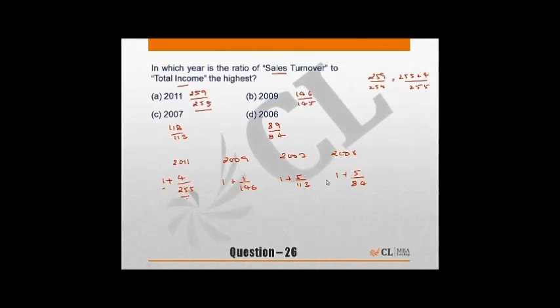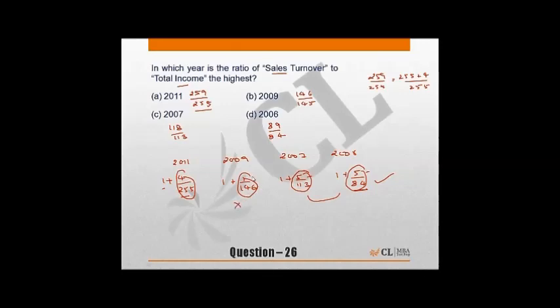Which of these four is the greatest? The one which has the maximum value of this fraction. And looking at the choices and looking at the numbers, this should be the highest. Because when I compare these two, for example, 5, 5, the numerator is the same, the denominator is smaller out here, so this has to be greater.